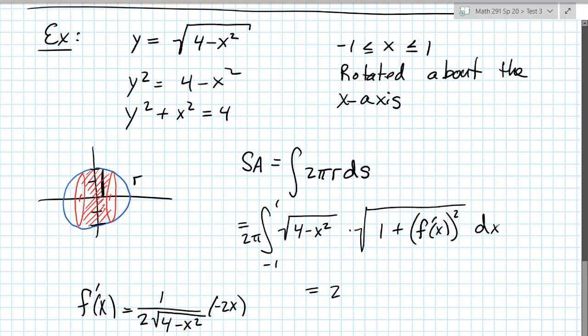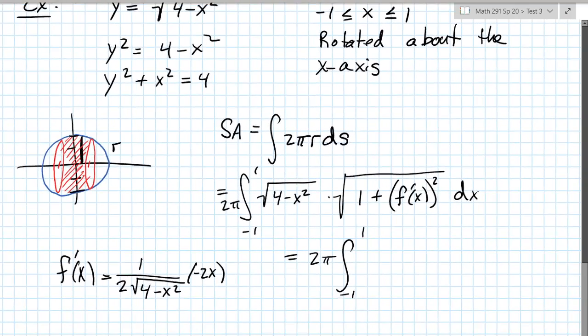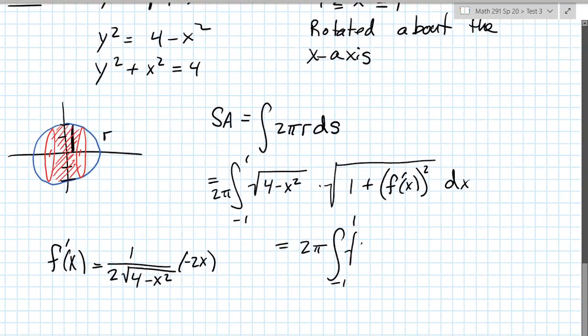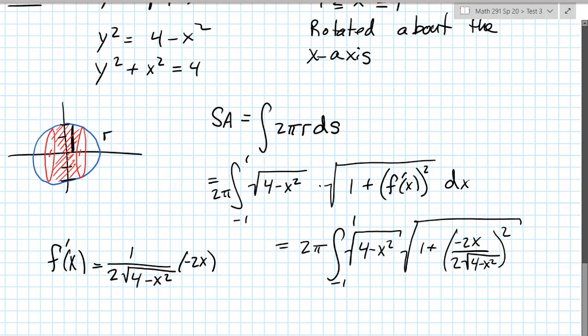So we have 2 pi from -1 to 1, square root of 4 minus x squared, the square root of 1 plus all that stuff squared dx.